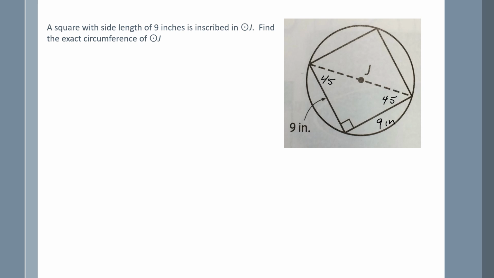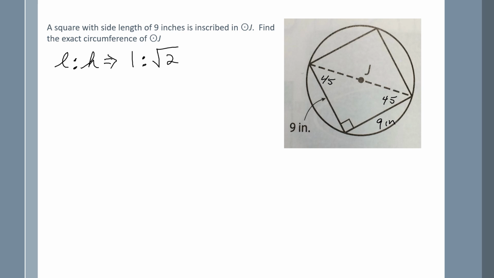The ratio of leg to hypotenuse in a 45-45-90 right triangle is 1 to square root of 2. So you multiply the leg by the square root of 2 to get the hypotenuse.